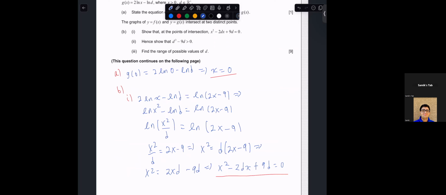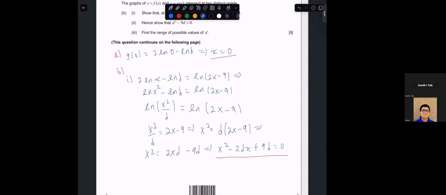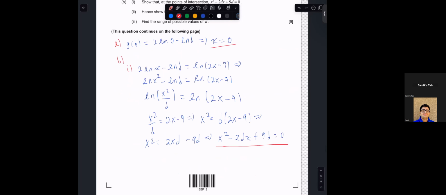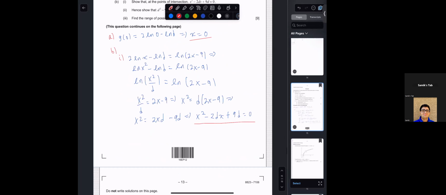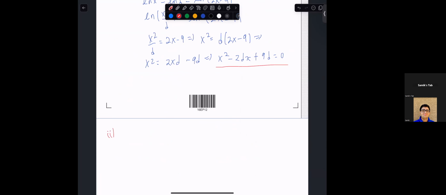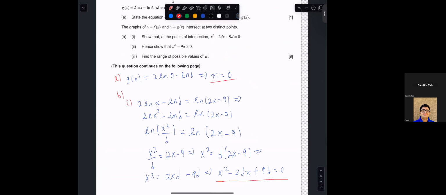Now we can do the second part. It says hence show that d squared minus 9d is greater than 0.